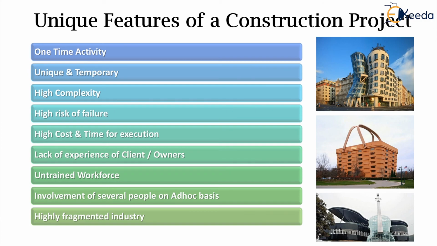The involvement can be short term or long term. The industry is highly fragmented, which means there are very few large players and there is no vertical or horizontal integration. We will be learning more about the fragmented industry and its integration in further chapters on supply chain management.